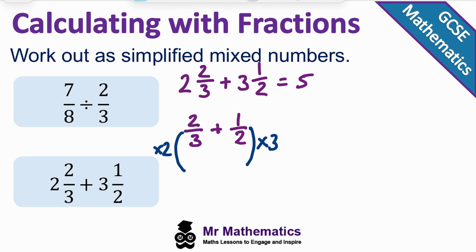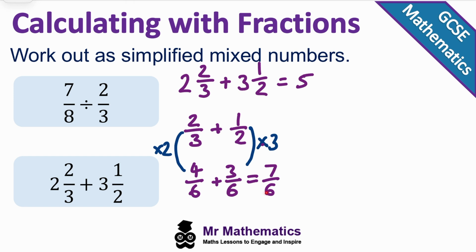And what do you think the equivalent fractions will be? So we'll have 2 times 2 to make 4, and 3 times 2 to make 6, plus the 1 times the 3, and the 2 times the 3. And then we can add these together, and we get 7/6. Now again, we need to break this up into an integer and a fraction.